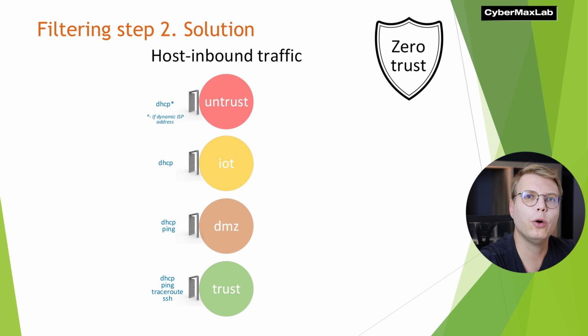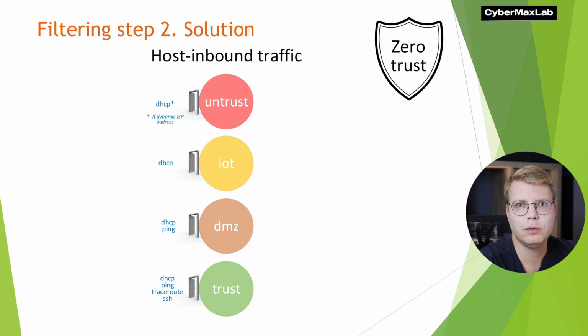It always starts with host inbound traffic, which shows what traffic from each security zone can come to the SRX, Juniper SRX itself. For example, from untrust, usually nothing should be coming to the SRX itself, except DHCP if you have a dynamic address from the provider. For the IoT, we'll allow only DHCP because we provide DHCP server functionality to that VLAN.